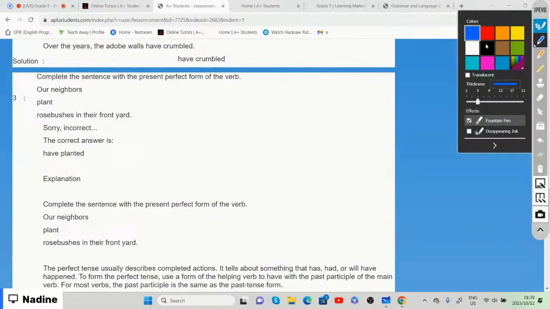So basically, we will say our neighbors planted. So we can then say here, have planted bushes in the front yard.